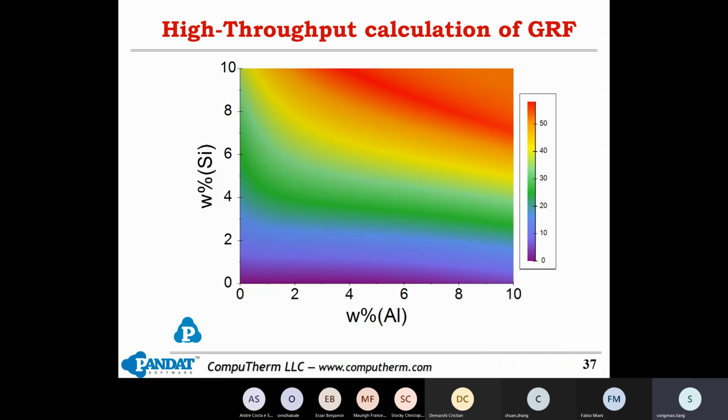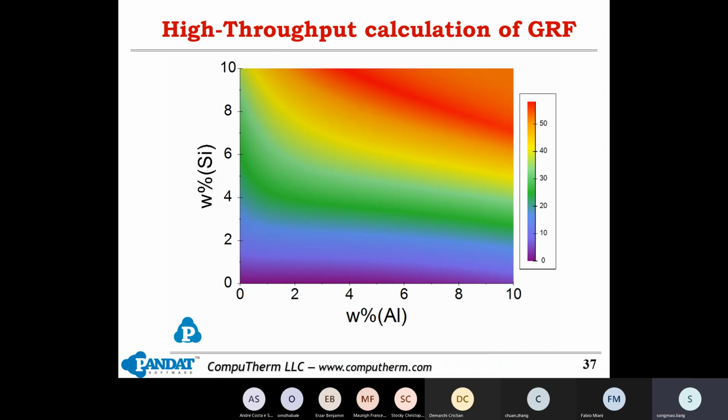And I also need to mention that you see these calculations are very fine. I did these calculations with a step of 0.2, and in total for this diagram, I calculated more than 2,600 alloy compositions.